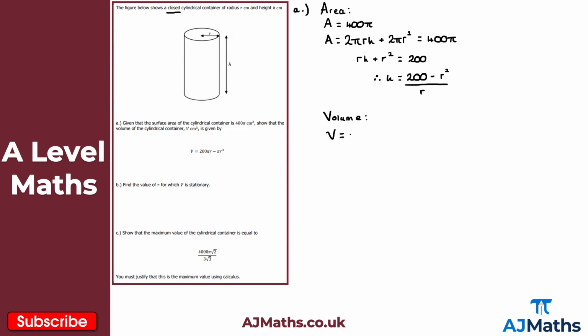So we get pi r squared h there. Well, we know what h is here, or this rearranged form for h. That's 200 minus r squared over r. So we're going to substitute that into our formula or our equation for the volume. We've got pi r squared times by h, which is 200 minus r squared over r.